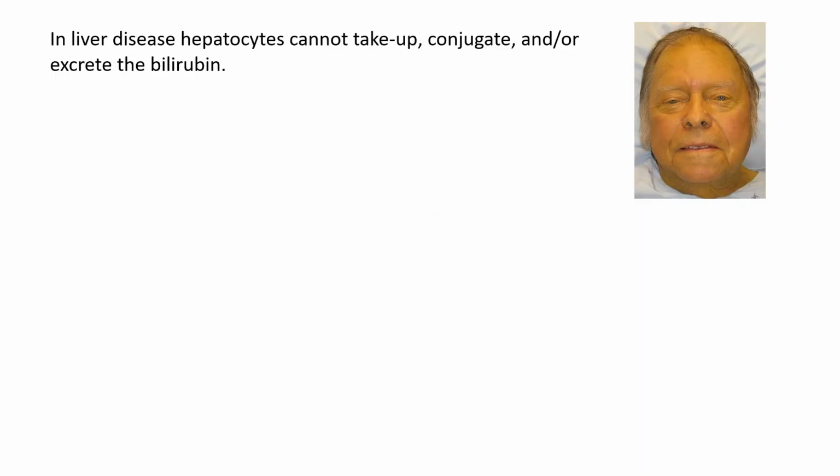But, of course, I'm sure you've already anticipated a bit of a problem here, because in liver disease, the hepatocytes either can't take up the bilirubin, or they can't conjugate the bilirubin so it becomes water soluble and we can get rid of it, or they can't excrete the bilirubin, or a combination of all.